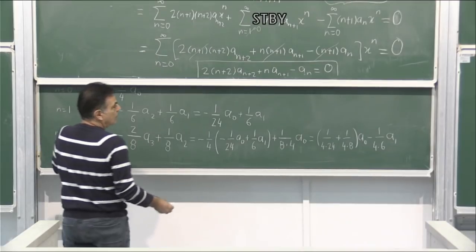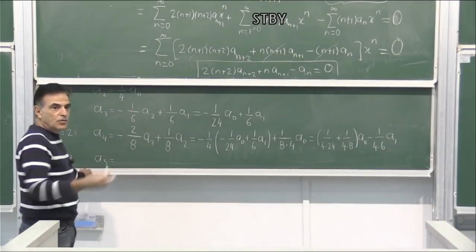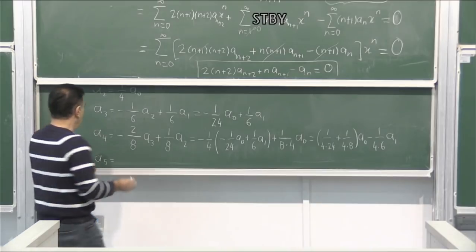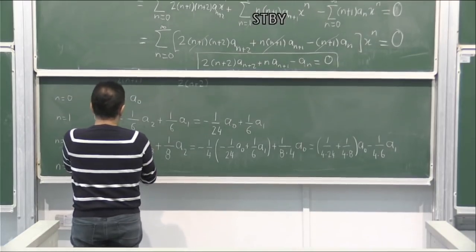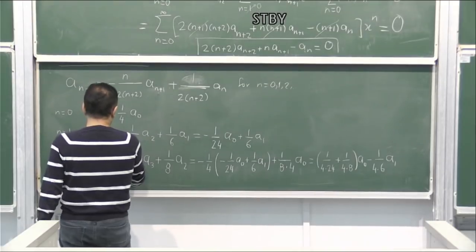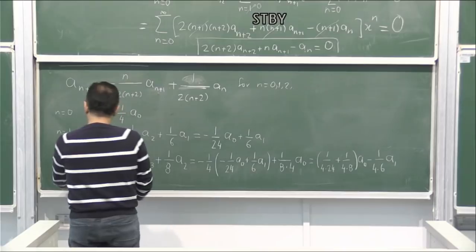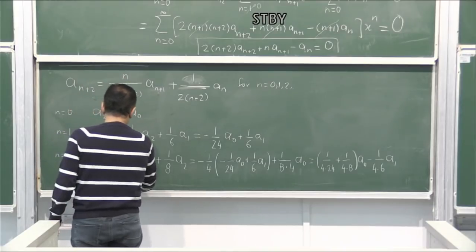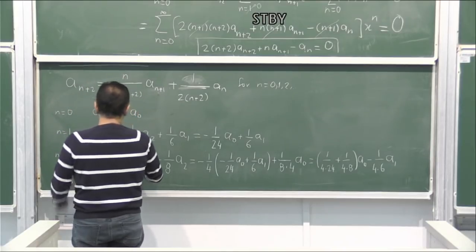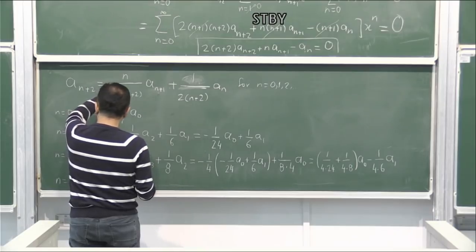A5. So no obvious formula for the general term. A5 is written, let's say, when n is 3. So minus 3 over 2 times 6.